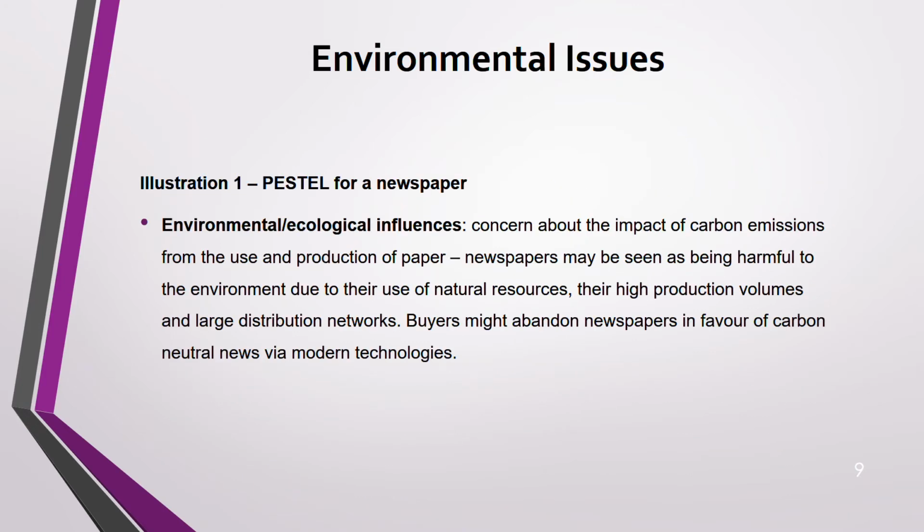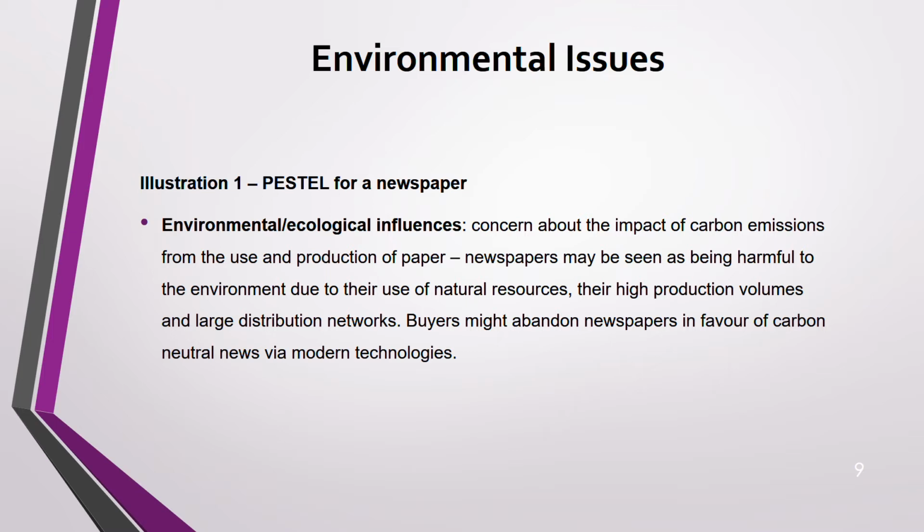Now, environmental factor. How can an environmental factor influence a newspaper company? Carbon emission. You are using paper, you are using pulp to produce that newspaper, so carbon emission. In short, newspaper is harmful for the environment because they are using natural resources.